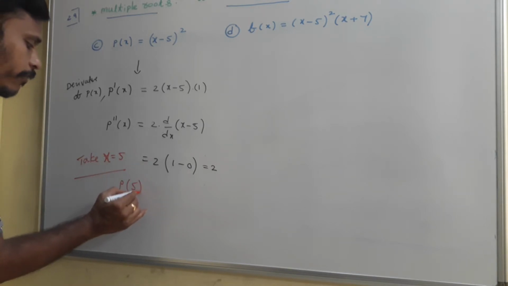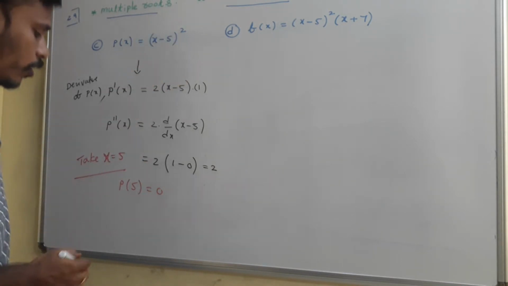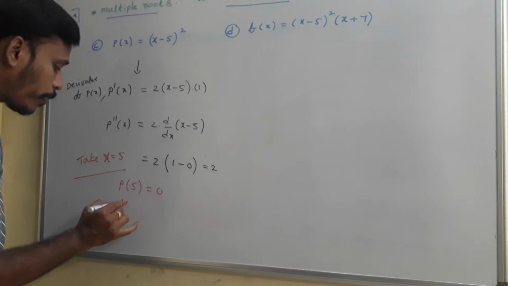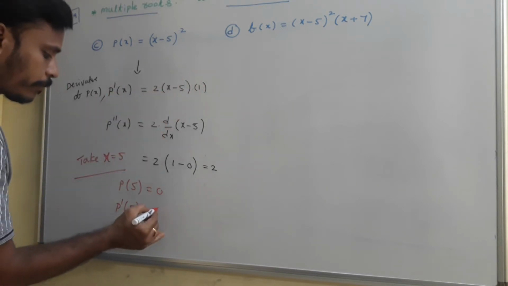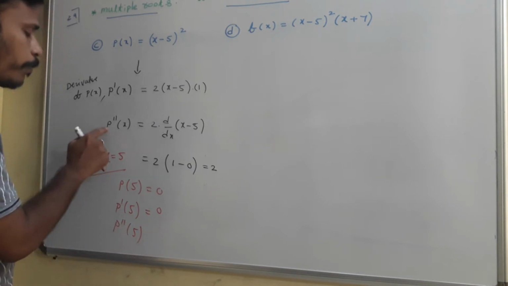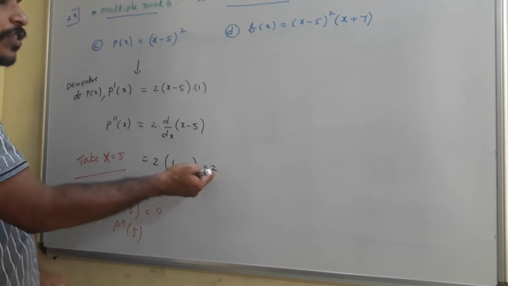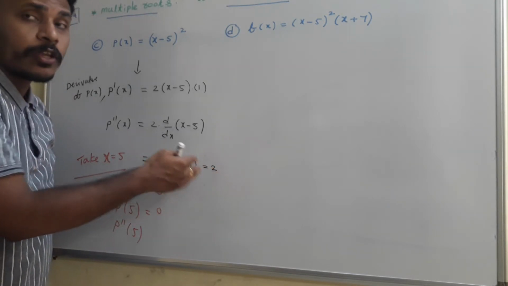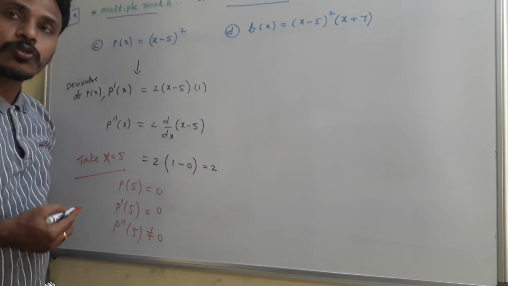P of 5 is equal to 0, clearly, because 5 is a root. And what about p dash of 5? P dash of 5 is also 0, right? And what about p double dash of 5? P double dash of x is 2, and when you replace x with 5, since it is 2, you won't get 0 there. So p double dash of 5 is not equal to 0.